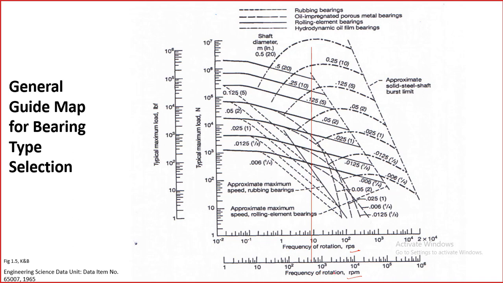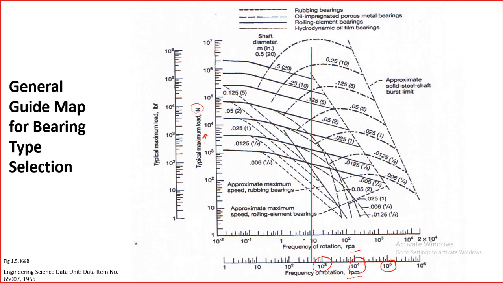So for example, if we work in RPM here, so 1000 RPM, and this is 10,000 RPM and 100,000 RPM. And in terms of load in Newton here, so this is the load.